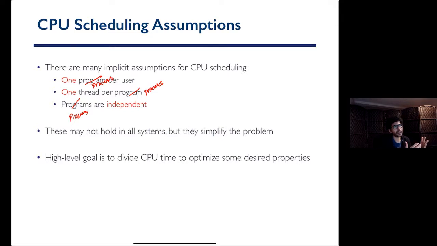In fact, the operating system has an I/O scheduler. So if you look at Linux, the Linux CPU scheduler is called Completely Fair Scheduler, CFS. And the I/O scheduler is called Completely Fair Queuing, so CFQ.